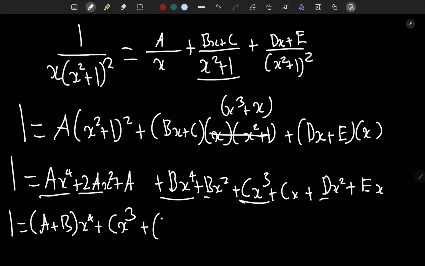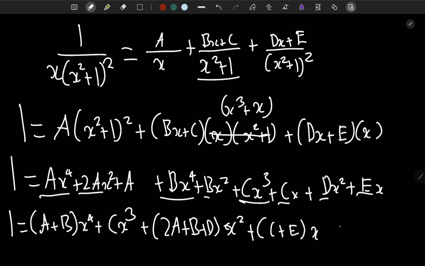So this is going to be 2a plus b plus d into x to the power of 2. And finally for x, factoring x out, we only have c and e here, so c plus e times x, and we don't forget that we have an a left.